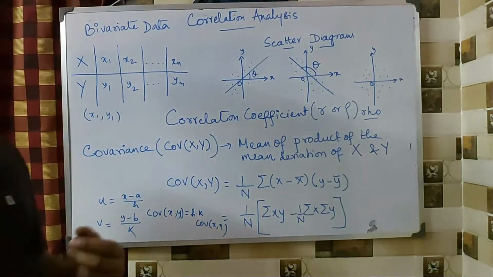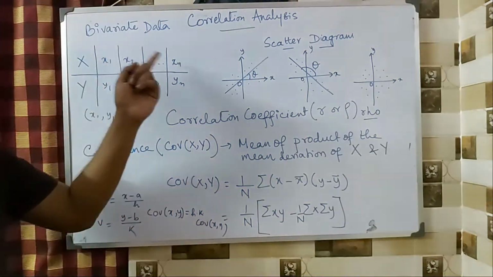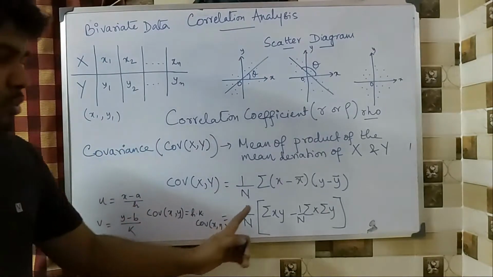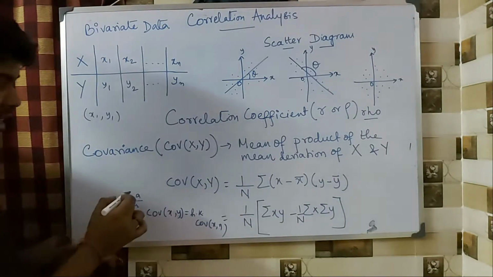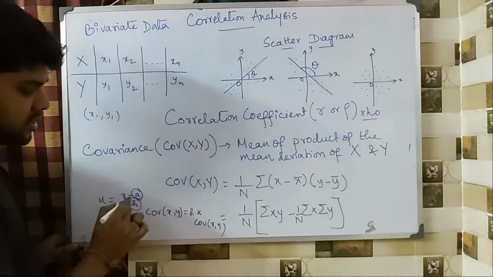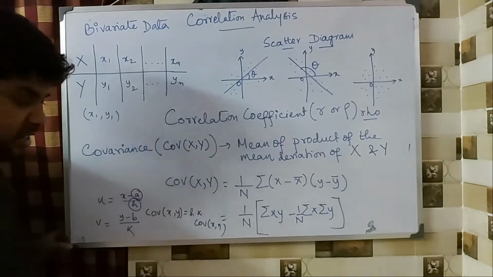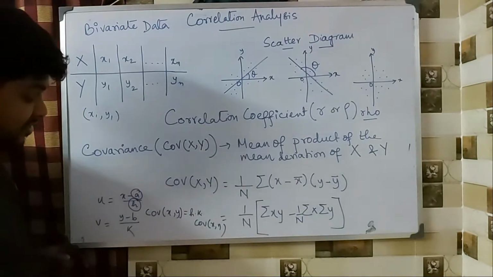So if you get a situation where the data values are so big that you are finding it very difficult to calculate this figure, then you can always scale down the values. This a is called the assumed mean, this h is called the scaling factor. We all know that from the step deviation method that we have done.